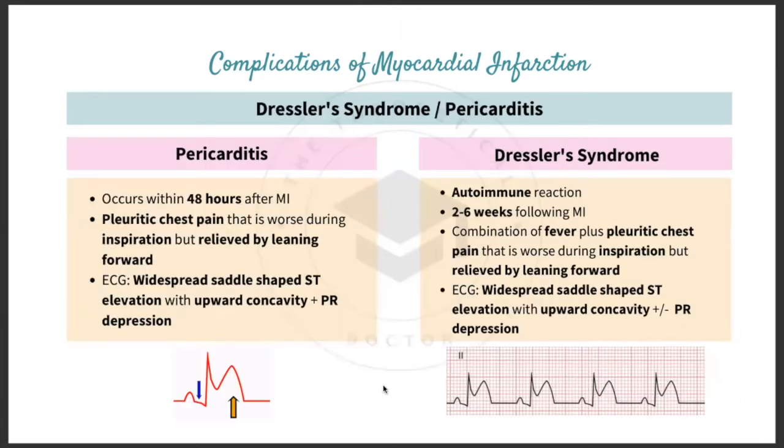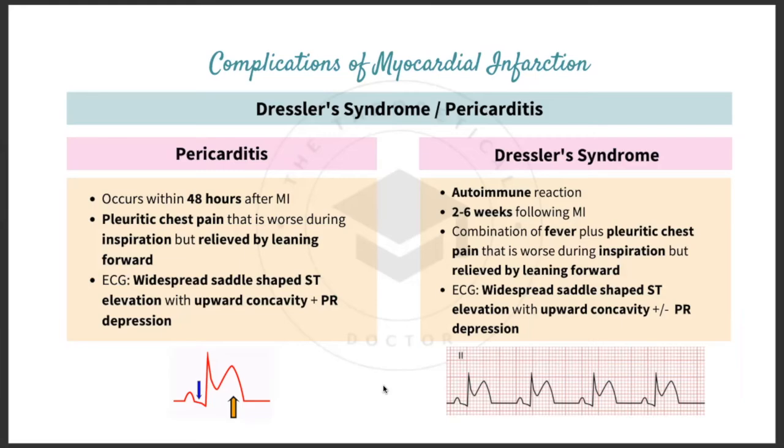Okay, so for Dressler syndrome and pericarditis, as I mentioned earlier, they actually have the same presentation, but you need to see the duration following a myocardial infarction. When a patient comes in with pericarditis or Dressler syndrome, they would have pleuritic chest pain, basically chest pain that is worse when they breathe in, but relieved the moment they lean forward.